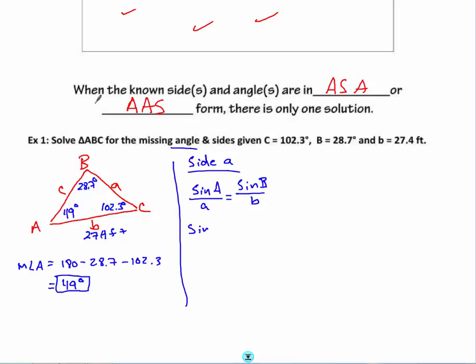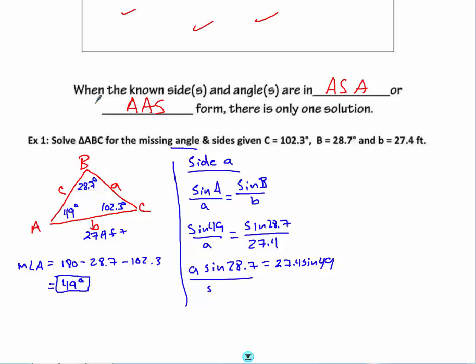So sine 49 over a equals sine 28.7 over 27.4. I'm going to cross multiply, and I'm going to get a sine 28.7 equal to 27.4 sine 49.